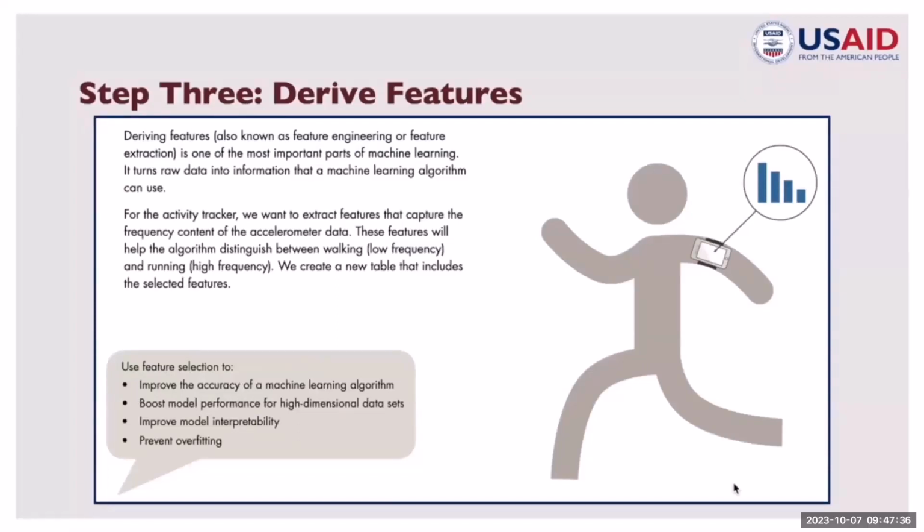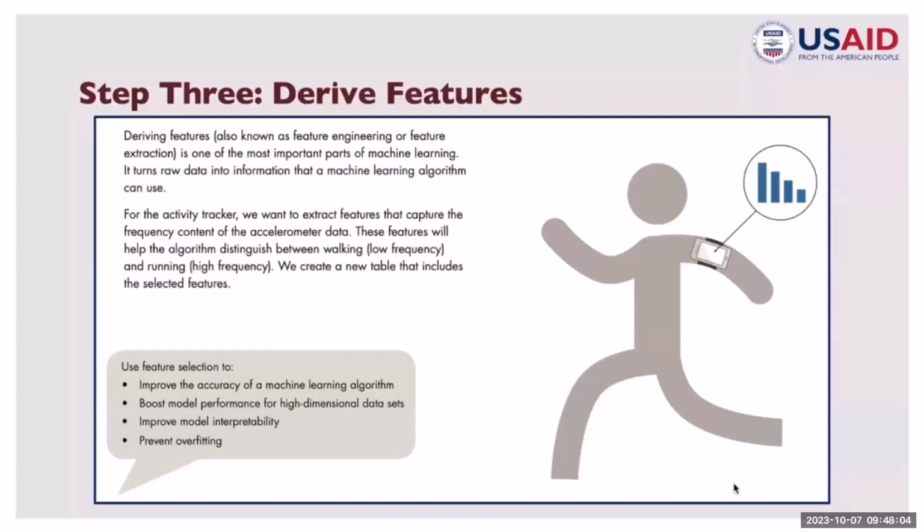For example, in Activity Tracker, we want to extract features that capture the frequency content of the accelerometer data. These features will help the algorithm distinguish between walking, which corresponds to the low frequency, and running, which corresponds to the high frequency. We then create a new table that includes the selected features.